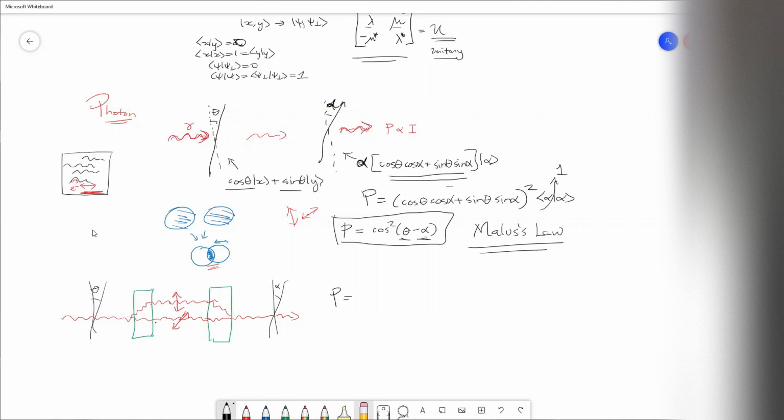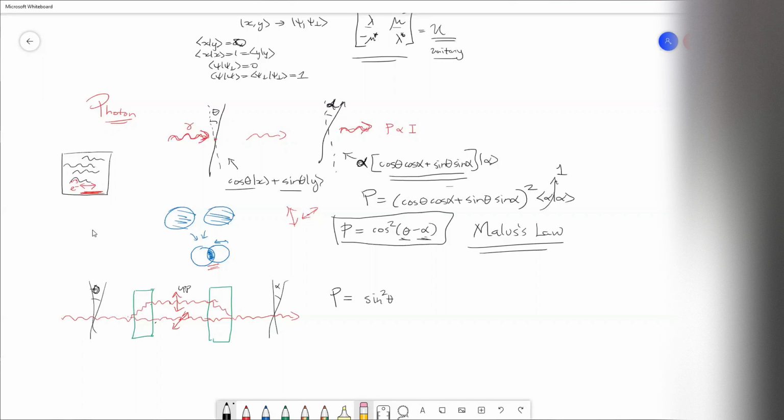And so then the probability of coming through as it travels along, well, the probability that it goes in the upper path would be proportional to sine squared theta, because that's the y component of the polarization in the theta direction.